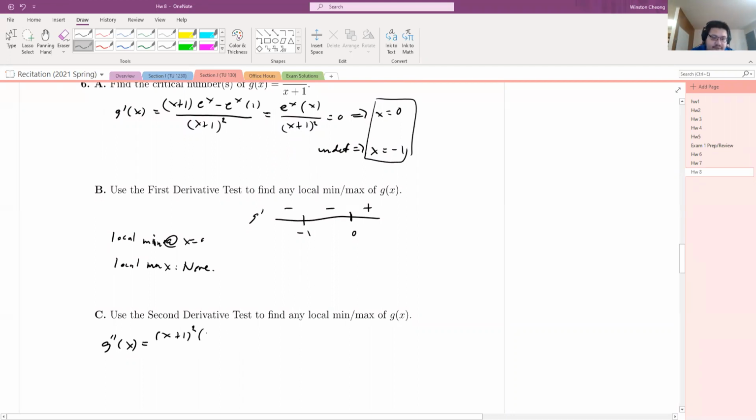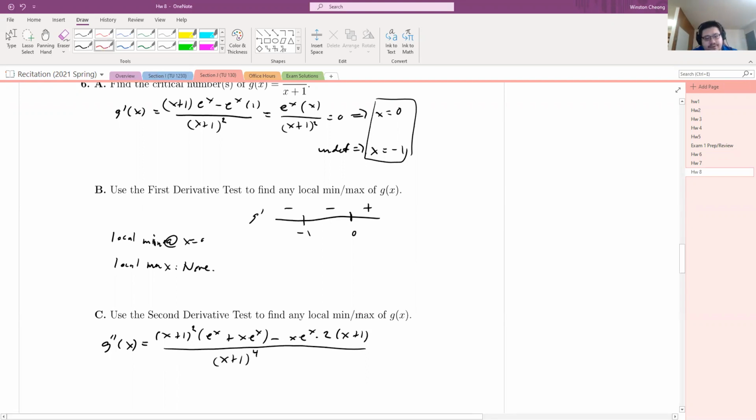Derivative of x e to the x is going to be e to the x plus x e to the x, and then minus x e to the x times a 2x plus 1, all over x plus 1 to the fourth.